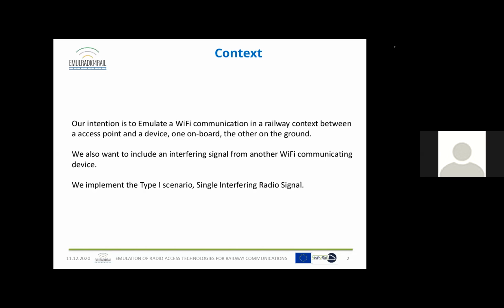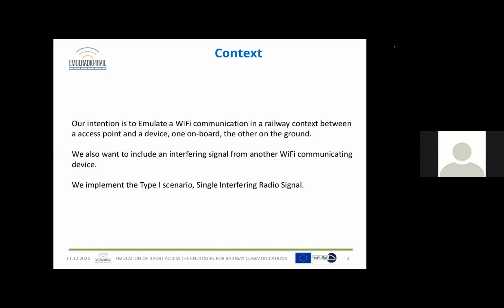Our main goal is to emulate full Wi-Fi communication in the context of railways. The Wi-Fi communication will be between an access point and a normal device. One of them is on board and the other one is on ground. Also, we want to include some interfering signals in order to see the effect of such phenomena on the IP level KPIs.